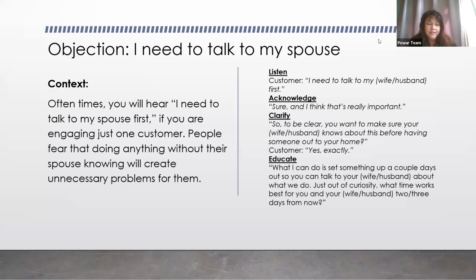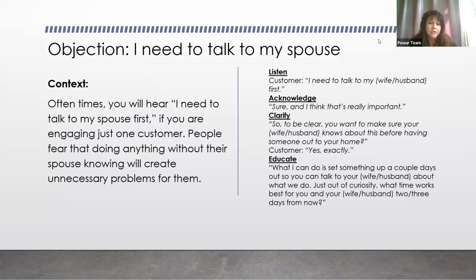Keep it simple, but again, that whole idea of acknowledge what they're saying. Sure, I think that's really important, and to be clear, you just want to make sure that your wife knows about this before having someone come out and sit down with you or talk to you over Zoom. What I can do is set something up a couple days out so you can talk to them about what we do, and just out of curiosity, what time works best for you and your wife. Now, this might also be a good chance, if they say, we can do Monday at 2 o'clock, that sounds perfect.